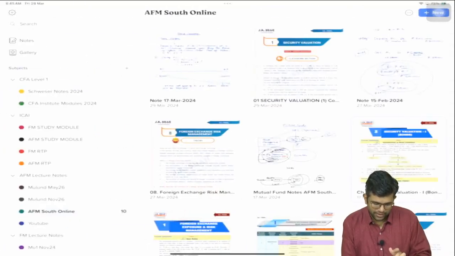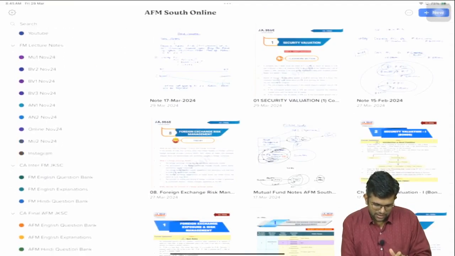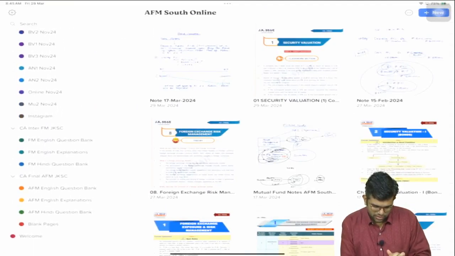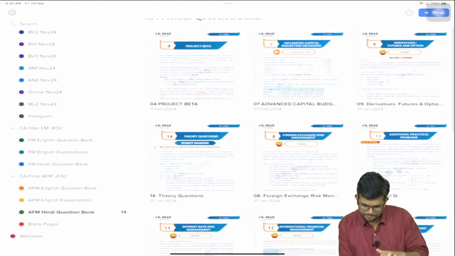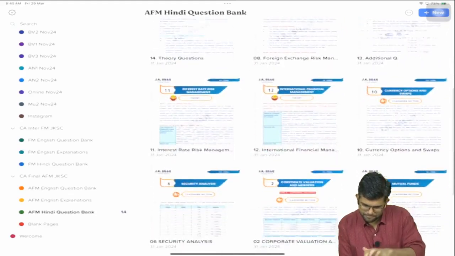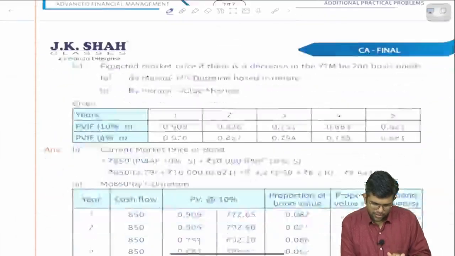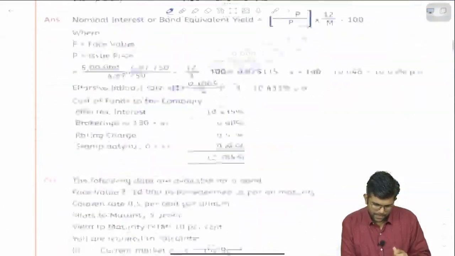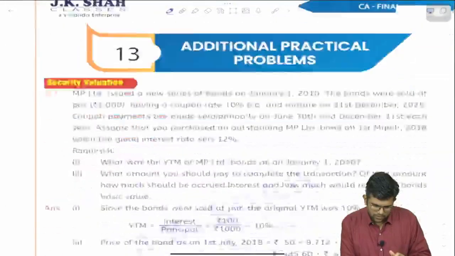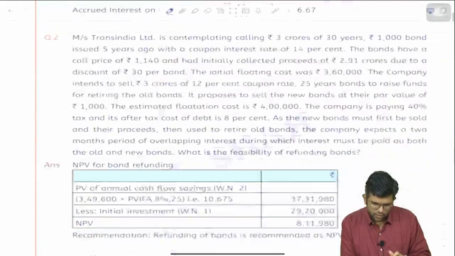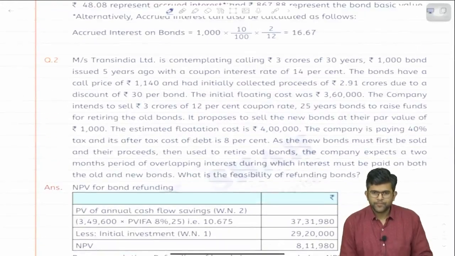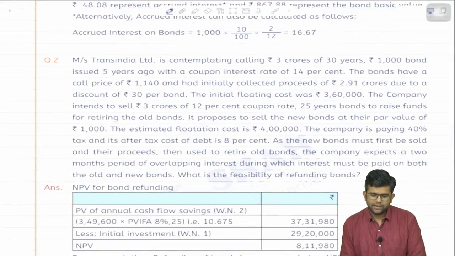If you can go there, in additional questions, to question number 2. Can someone tell me the page number, please? Question number 2 of additional questions, Trans India.